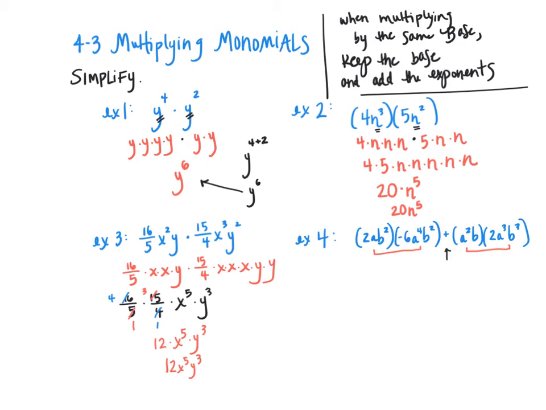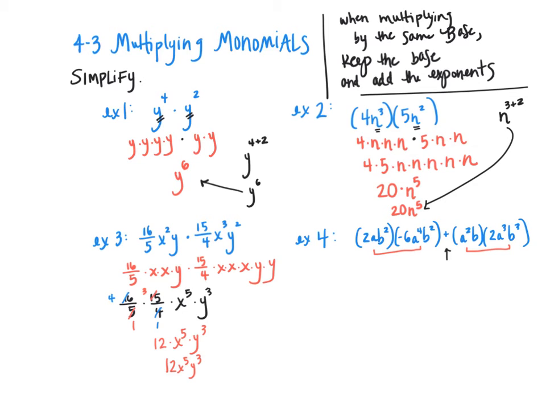So when you're multiplying by the same base, the base being n, you can keep that base of n and add the exponents. And so that's how we were able to get that n to the 5th. And then the same thing applies in example 3. So knowing that, see if you can apply that.